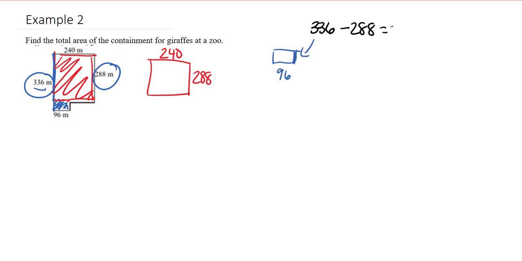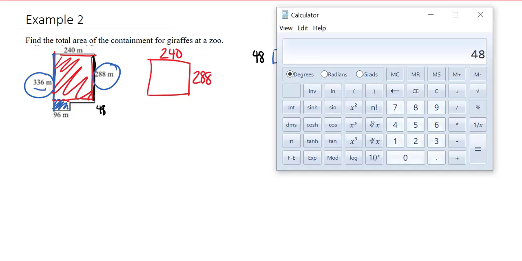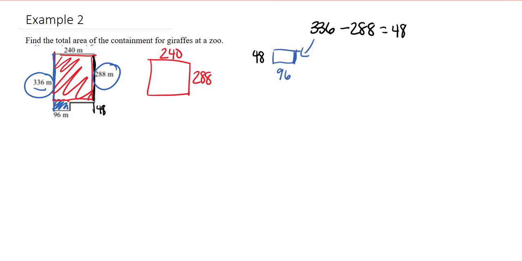That's just 48. So this little portion is 48. And we can double check: this is 288, plus 48 gets us to the full length of 336. Yes, that's 336, so we know we did it right.